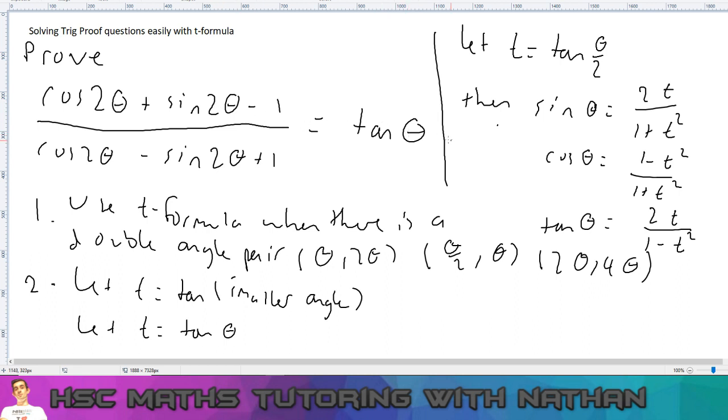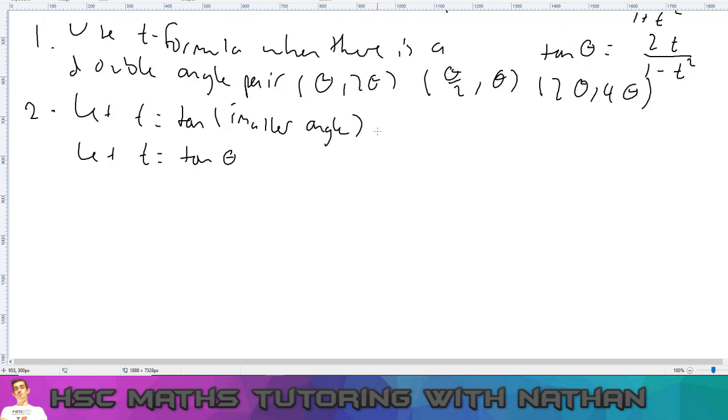I've got 2 theta here, and in the answer there's theta, which makes this question a lot better now, because all I've got to do is prove this whole fraction equals t. So now, once you've identified the t substitution, you should state it. You sub the t formula in.